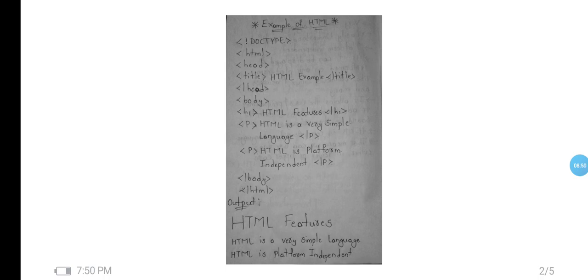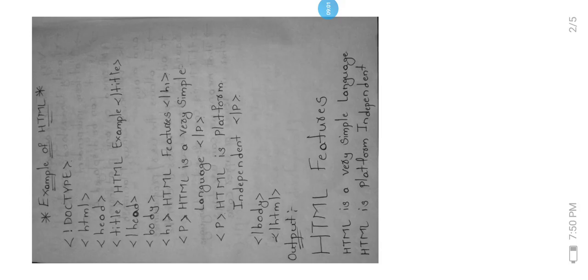In the body tag we have heading tags and paragraph tags. A heading tag is simply written as h1, and in HTML we have totally six heading tags: h1, h2, h3, h4, h5 and h6.